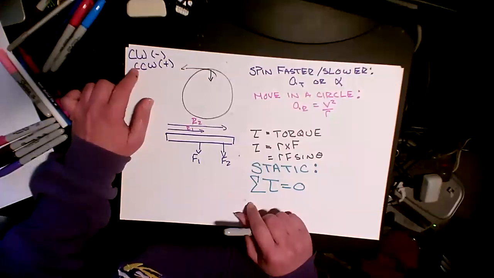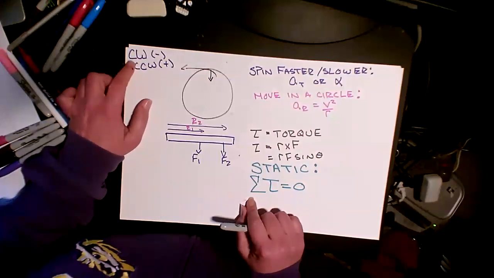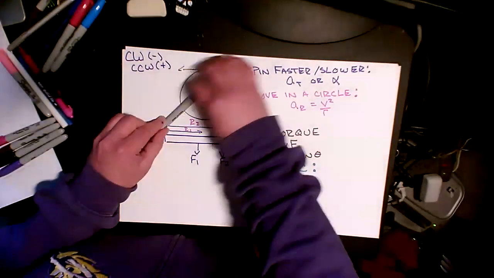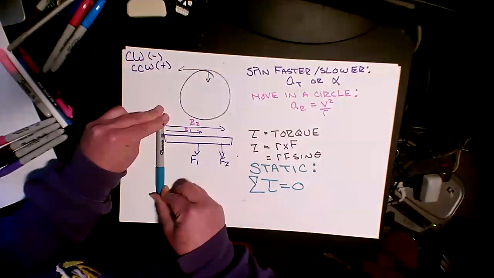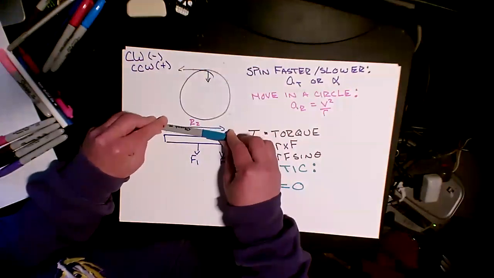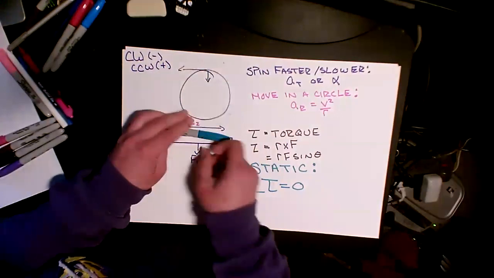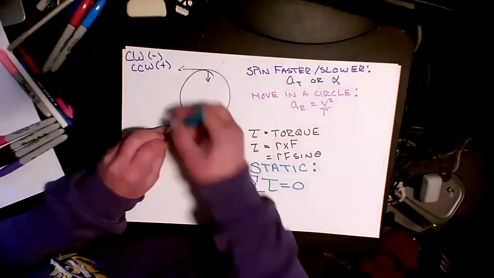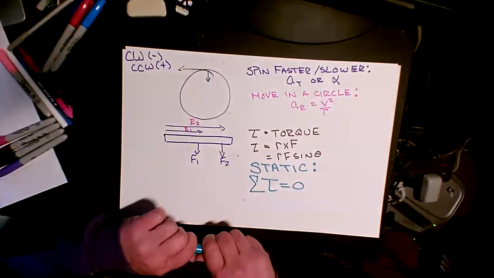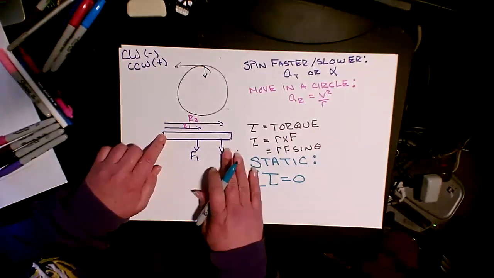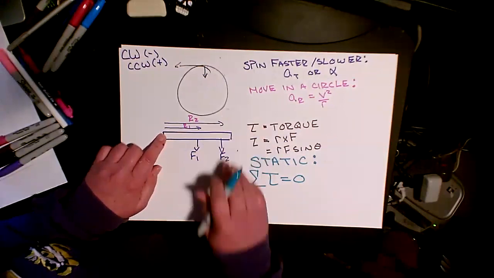For your mastering homework, though, stick with this to make sure that you keep your signs straight. So this says that a clockwise rotation, think of it as going down into the negative axes, is negative, and a counterclockwise rotation going this way is going up into the positive axes. There you go. So our sum of torques then, which is kind of nice, is to say that if this thing were to be static, I'd have to have some sort of force going up, right?